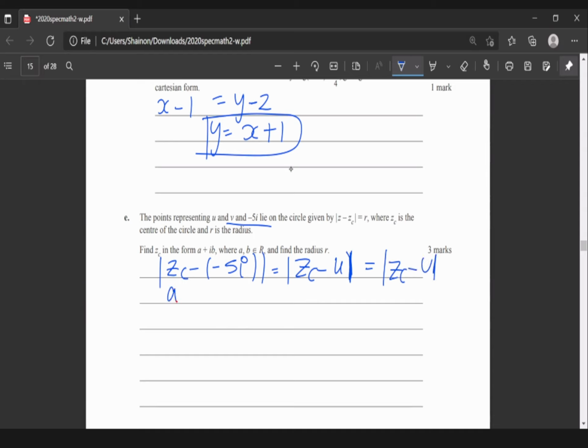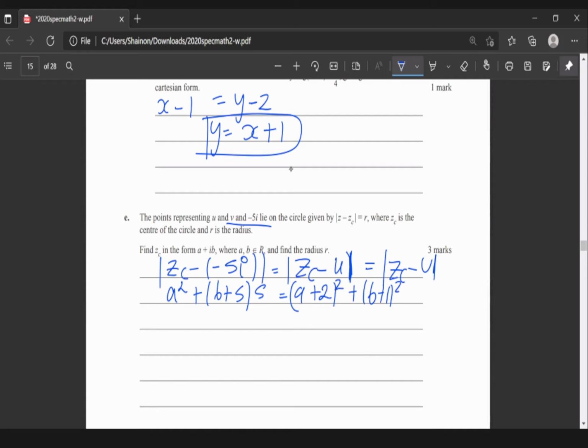So then a squared plus b plus 5, because zc equals a plus bi. Yep, a squared plus b plus 5 squared equals a plus 2, because minus 2 is plus 2 squared plus b plus 1 squared.